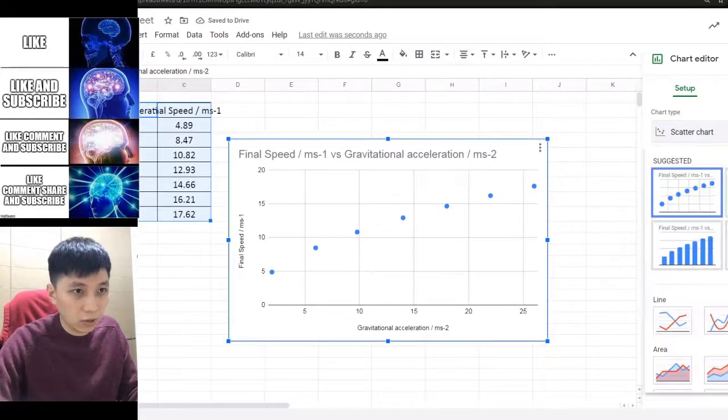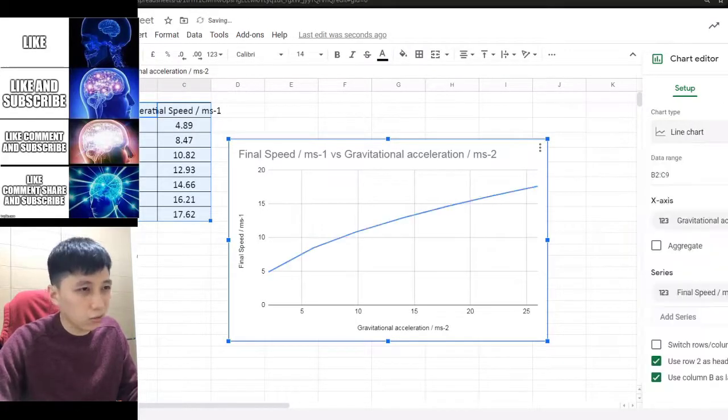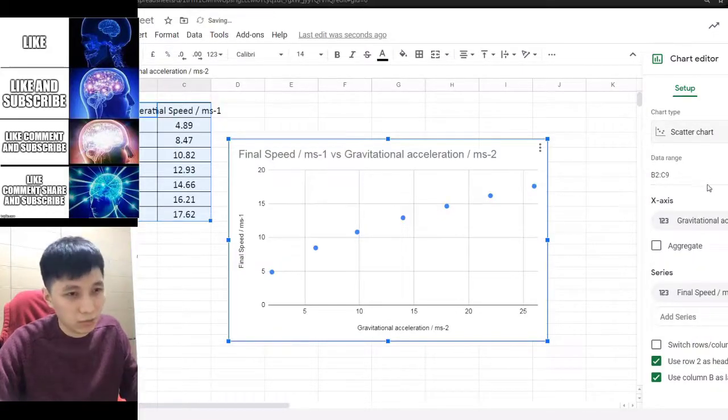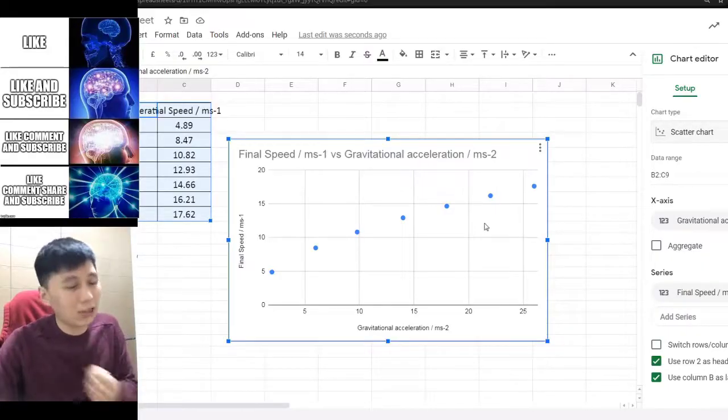In case they don't, you can still change it here. Don't use the line graph because that's not useful in physics. That doesn't reflect the trend. So use a dot, but then there's no line of best fit you can see.